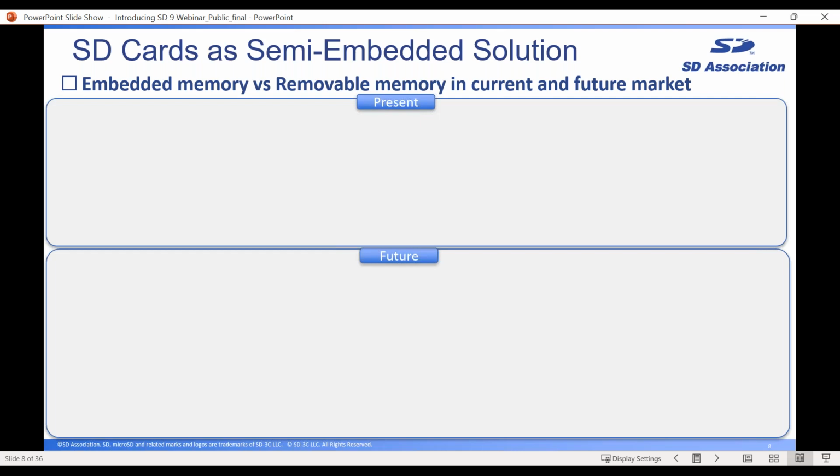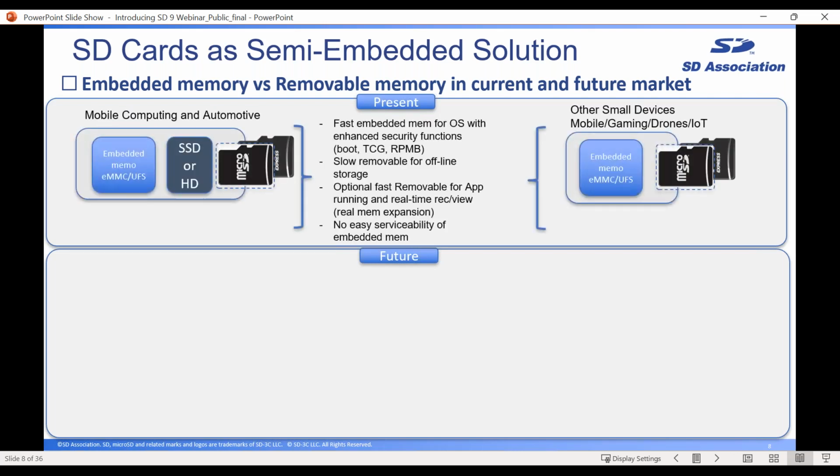These are the two slides in which I will show a few examples where such SD 9.0 features may provide added value. Let's look at embedded versus removable cards in existing and potential future markets. So at present, in mobile computing, as can be seen on the left, we can see relatively fast embedded devices beside a hard disk or SSDs.